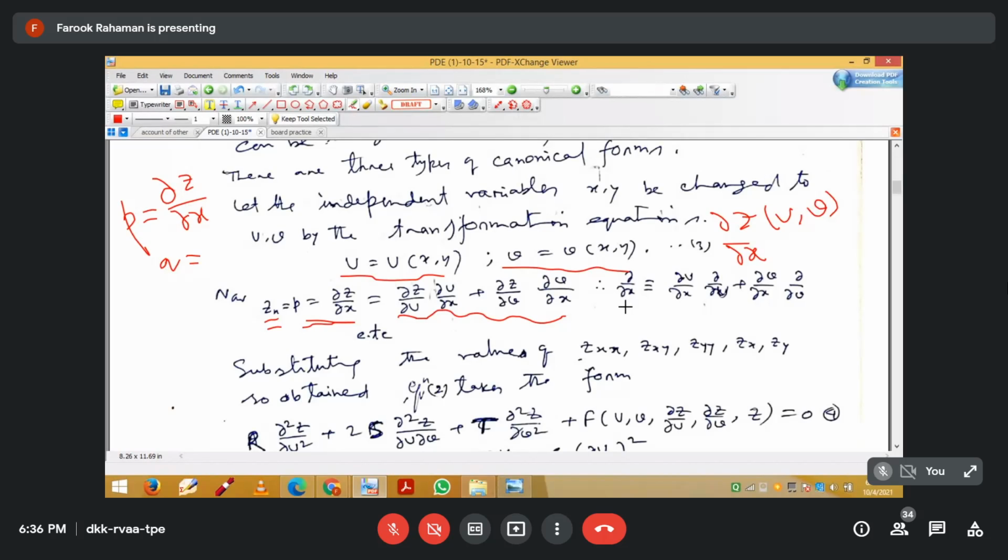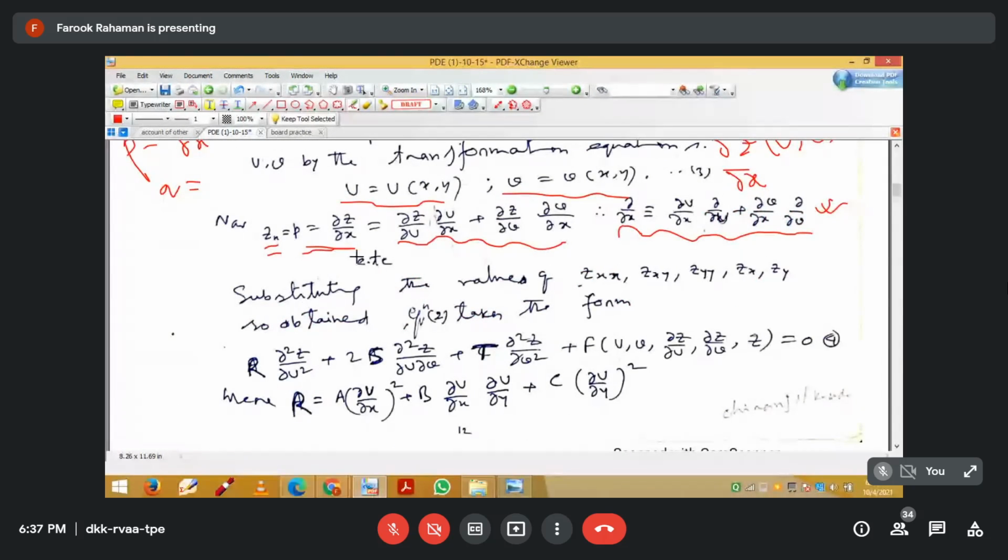If we omit the z term, we get an operator, so del x is represented by this one. Similarly, we can find q. q means del z del y. Again you use the chain rule, then one can find z_y.